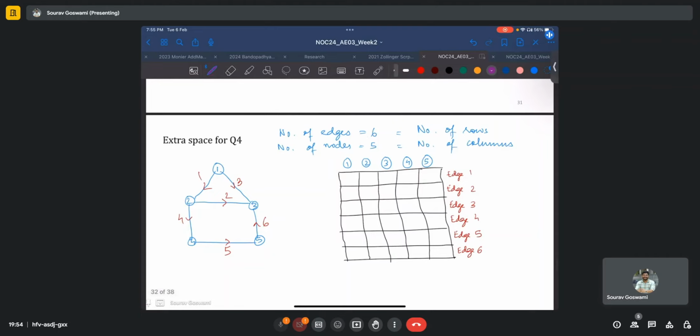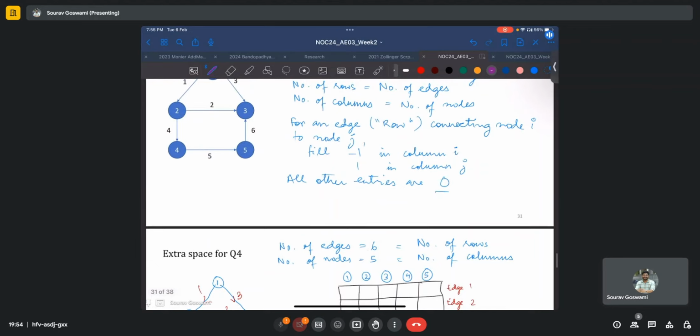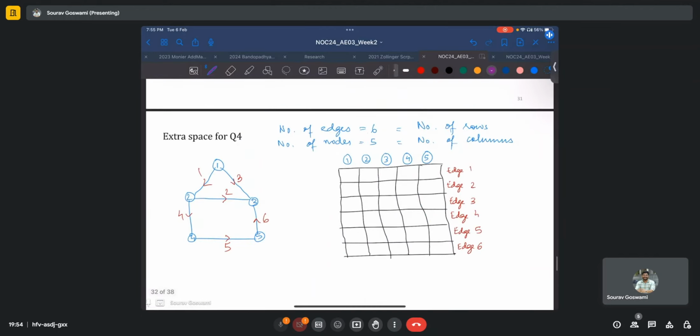So for an edge going from node I to node J, we put -1 in column I and +1 in column J. So edge 1 goes from 1 to 2. For the column corresponding to node 1, we put -1. For the column corresponding to node 2, we put +1.